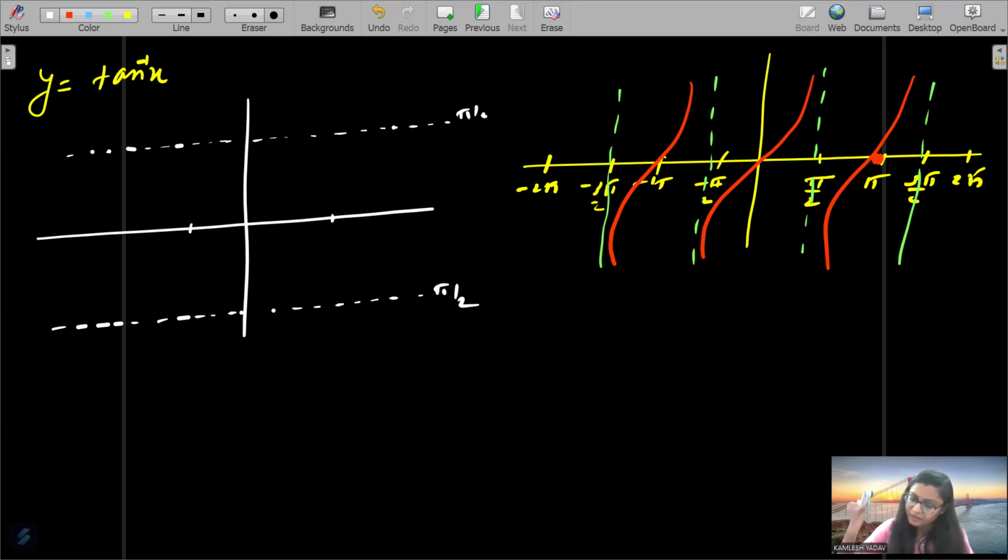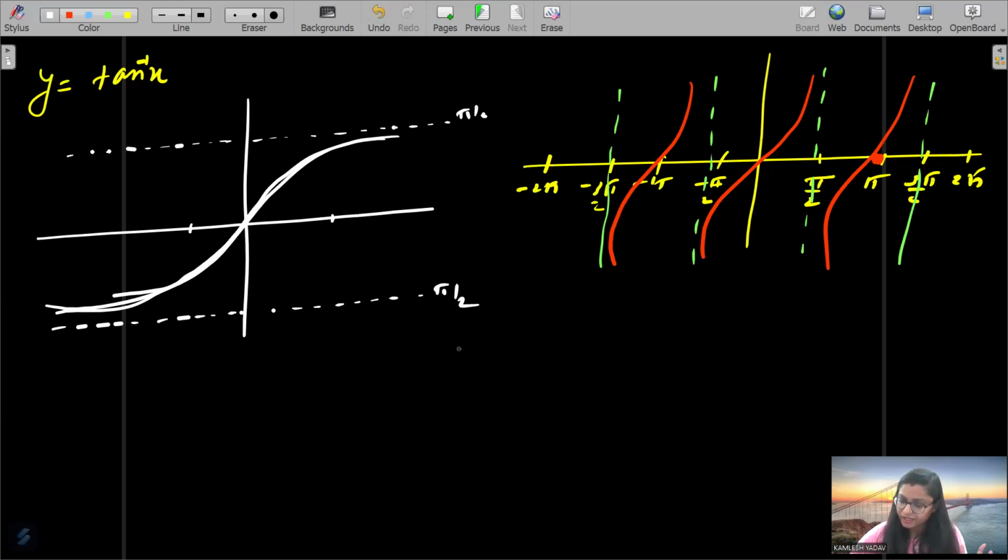So the mirror image, which is like that. Okay. So here we see this is the graph of tan inverse x.